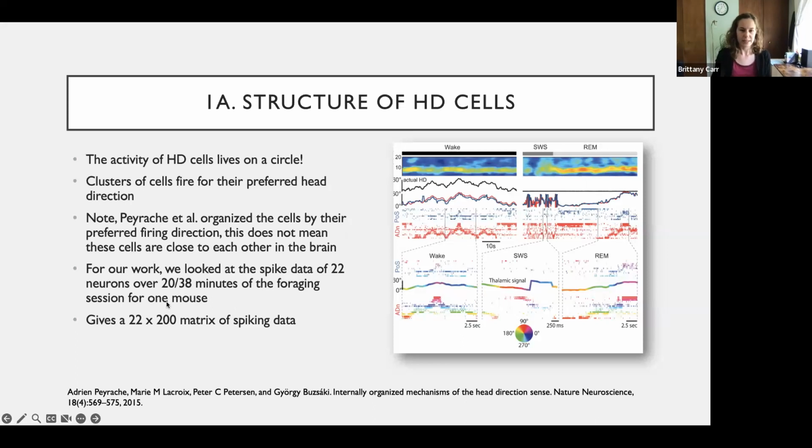And UMAP is a manifold mapping algorithm, which does something similar, except instead I'm trying to identify underlying structure in my data that's not just given to me by vectors, but maybe by some sort of manifold, like a circle or a torus. I can give you some links to those different packages if you're interested, because they're really fun to play around with.